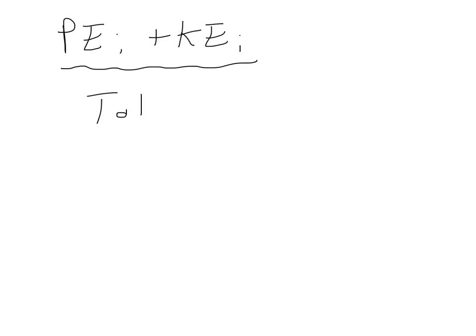So basically what that means is that if you have two states, an initial state, you have an initial amount of potential energy and an initial amount of kinetic energy, and you add those together, and that's your total energy. Your total mechanical energy is the sum of those two.